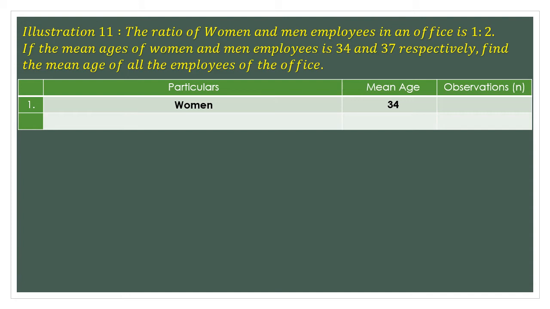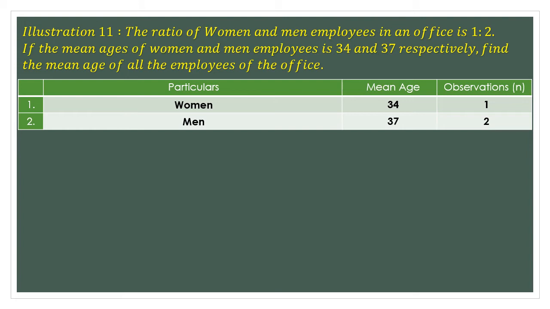There is no issue in doing this. You will get a perfectly same answer. The second group here is men, and their mean age is 37 years and their ratio is 2. So I am going to consider the value of n for men as 2.